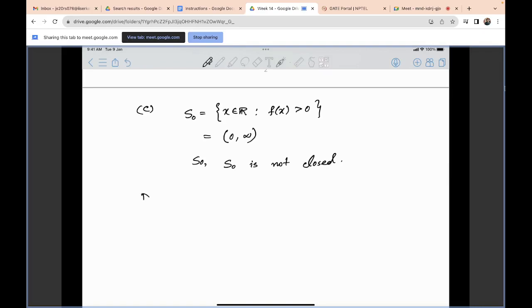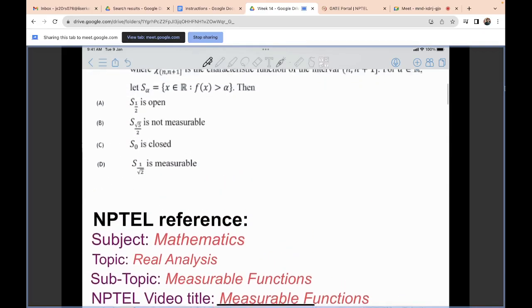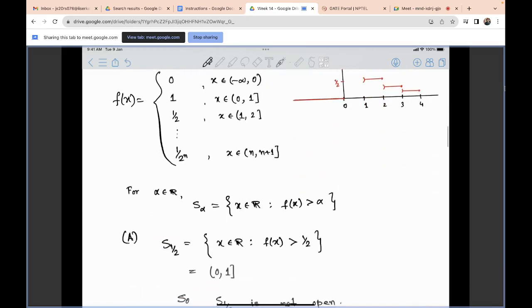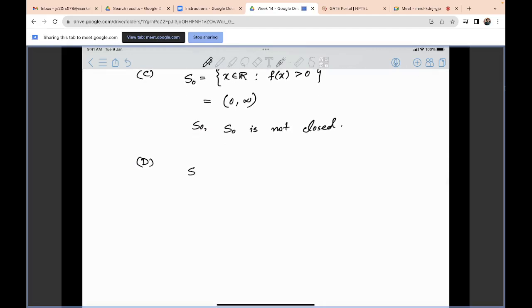And option D, what is it saying? S1 by root 2 is measurable. S1 by root 2 is all such x such that f(x) is bigger than 1 by root 2. Which points will come?